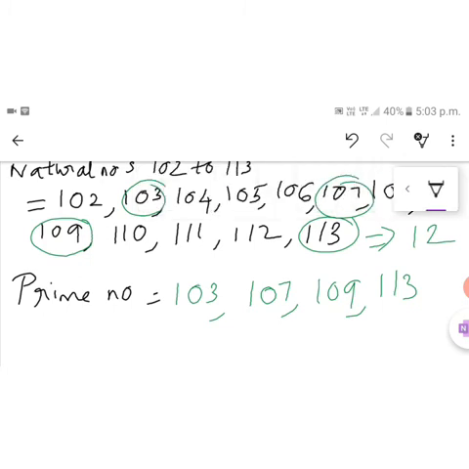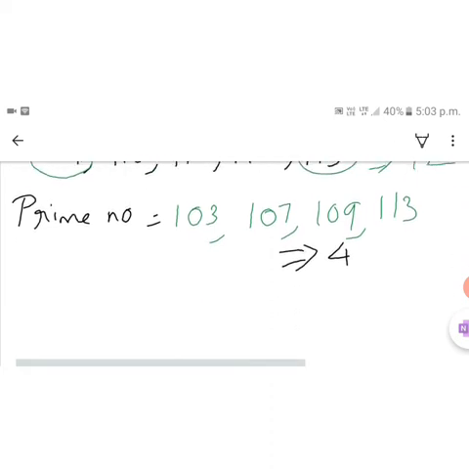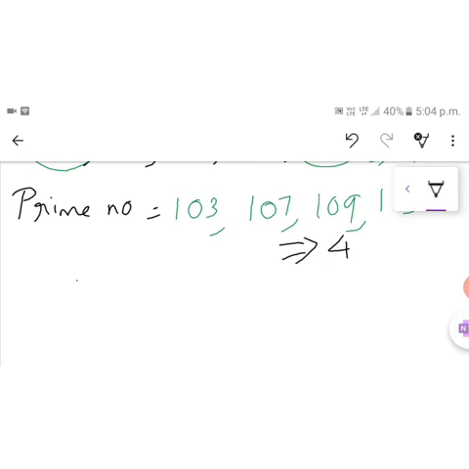Total number of prime numbers equal to 4. Therefore, fraction equal to number of prime numbers by total numbers.